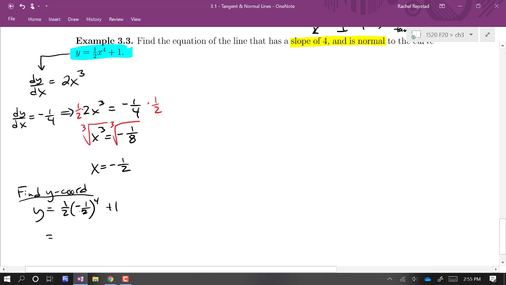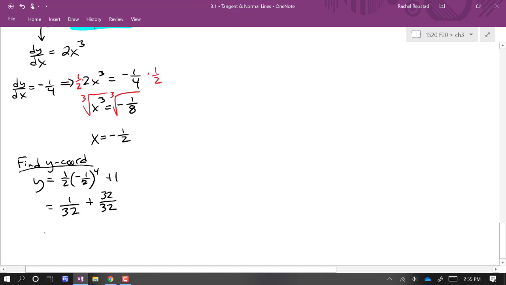Negative 1/2 to the 4th is a positive 1/16 times 1/2 is a positive 1/32. Plus 1 is 32/32. And so we get 33/32 for our y coordinate. And that means here we know that our point is negative 1/2, 33/32.